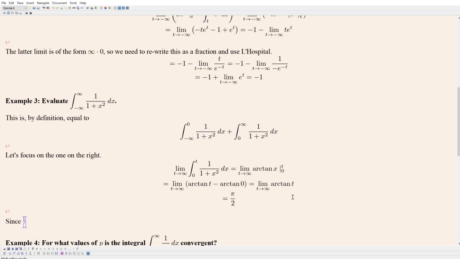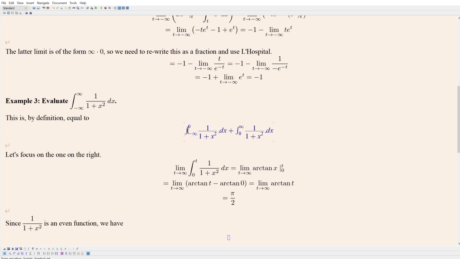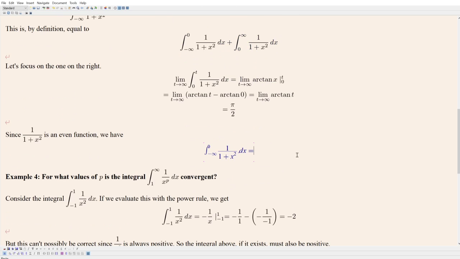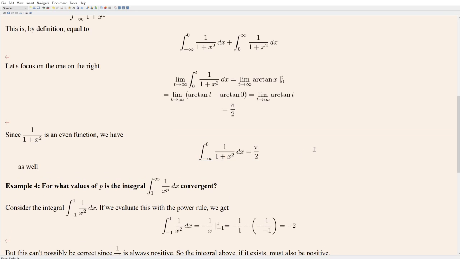So since 1 over 1 plus x squared is an even function, this is going to equal pi over 2 as well. Because it's going to be arctan of 0 minus arctan of t as t goes to negative infinity.